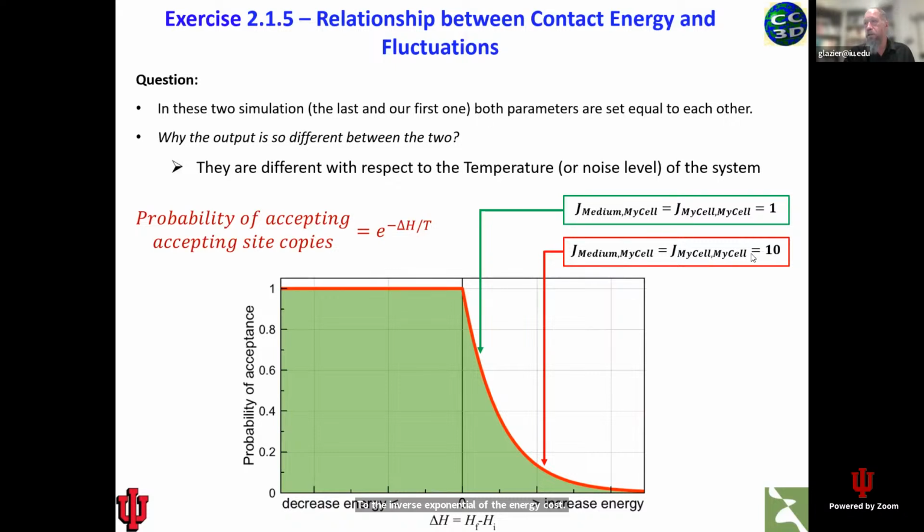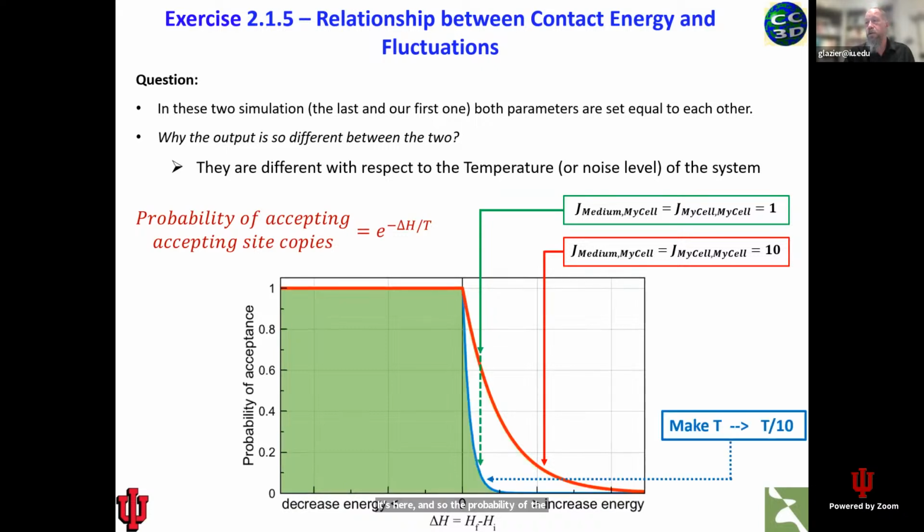If J medium is 10, then delta H is 10, and you're way out here, so the probability of the move is low. If it's 1, it's here, and so the probability of the move is high. And if you change the fluctuation amplitude to be smaller, so instead of a fluctuation amplitude temperature of 10, you made it 1, then the probability of movements is going to be smaller.